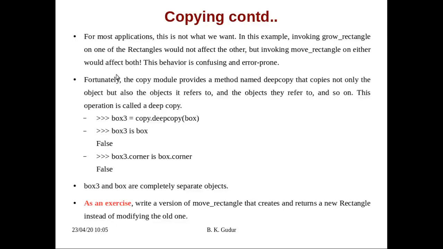Okay, fortunately the copy module provides one more method called deepcopy, that copies not only the object but also the objects it refers to, and the objects they refer to, and so on. It is going to copy all the objects, even if one refers in turn to some other object. This operation is called a deep copy.